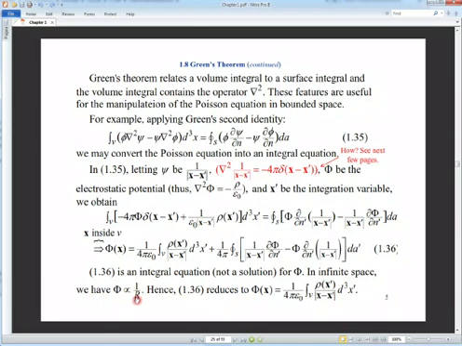R is the distance between the charge element and the observer, you know. Hence the 1.36 relation reduces to phi is equal to this equation, and when you have phi proportional to 1 over r, you can have this relationship by this equation.